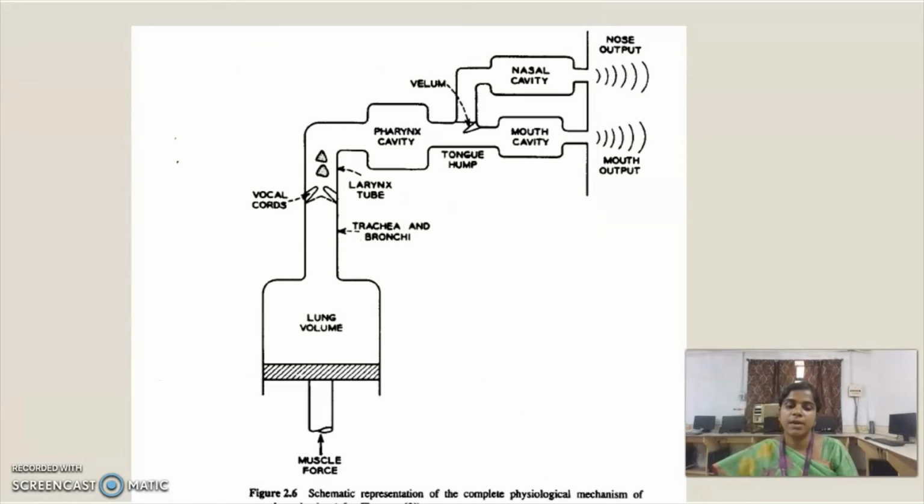So here is another schematic representation of the physiological mechanism of speech production. As already mentioned, air is the source of speech, and the energy depends upon the lung volume. Here we see that the air is split into quasi-periodic pulses, which then go through frequency modulation as they travel through the pharynx cavity, mouth cavity, and the nasal cavity.